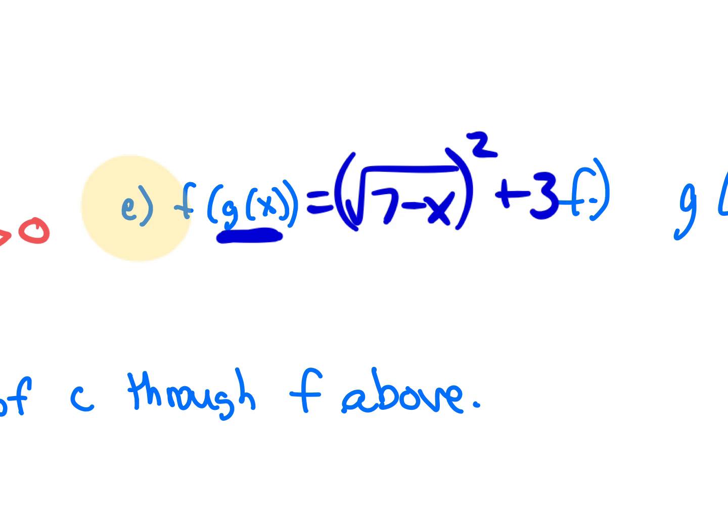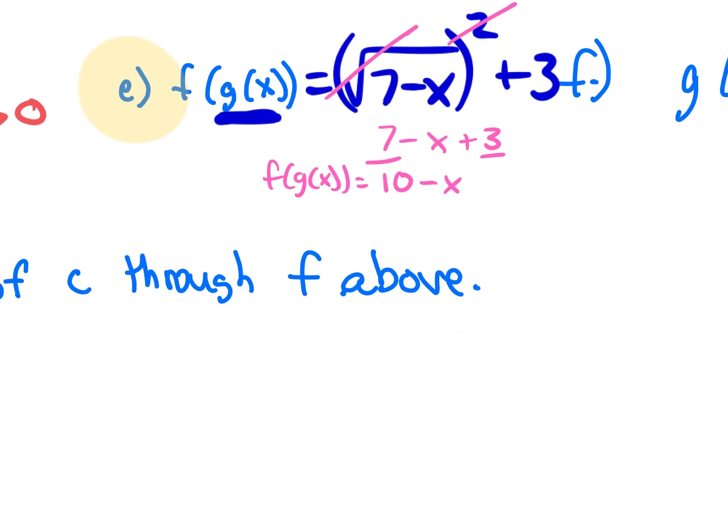Let's simplify. What simplifies here? The square root and the squared will cancel. So 7 minus x plus 3. And then we can combine our like terms. So this would be 10 minus x. So f of g of x is 10 minus x.